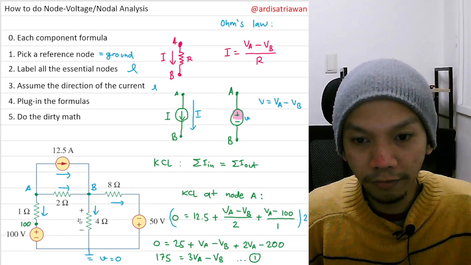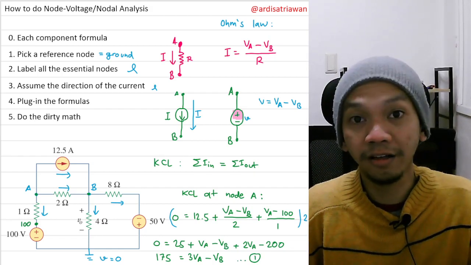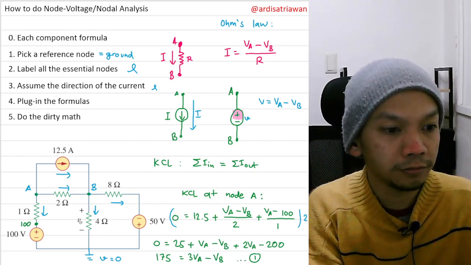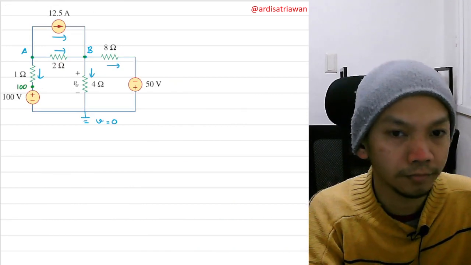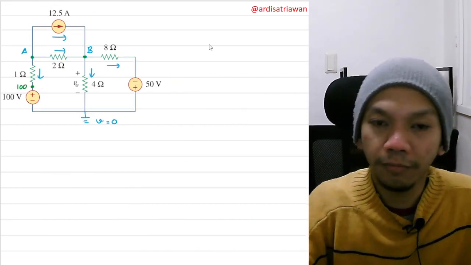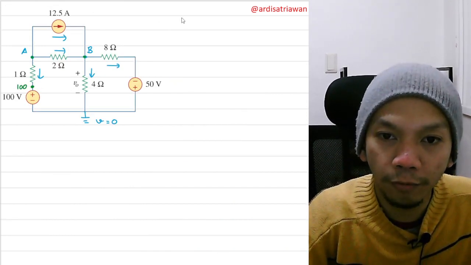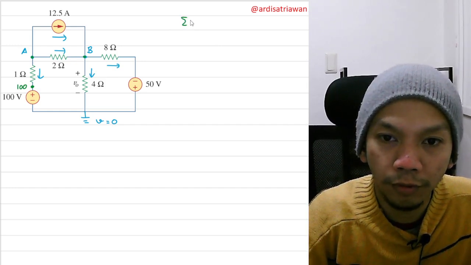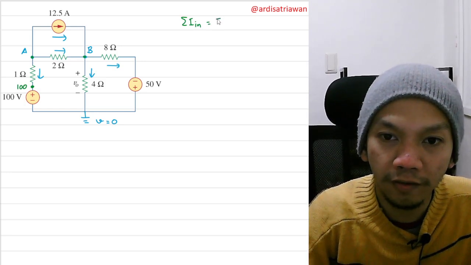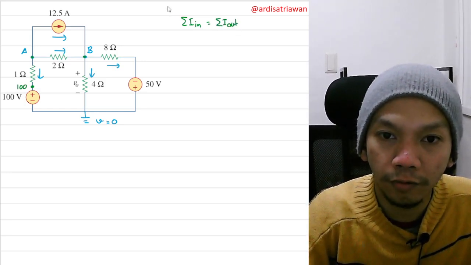Okay, now we need to do another KCL but at node B. Let's remember the KCL formula that we want to do at node B: the sum of the currents that go in is equal to the sum of the currents that go out.